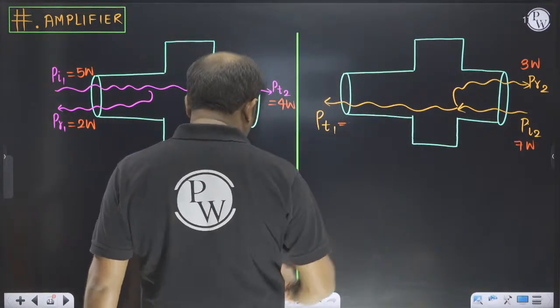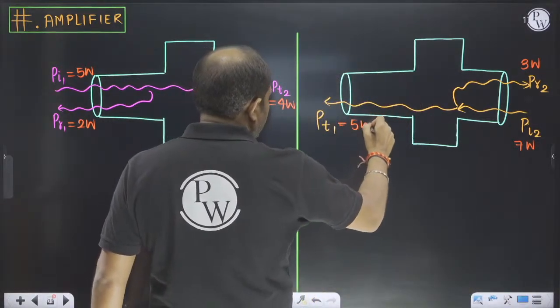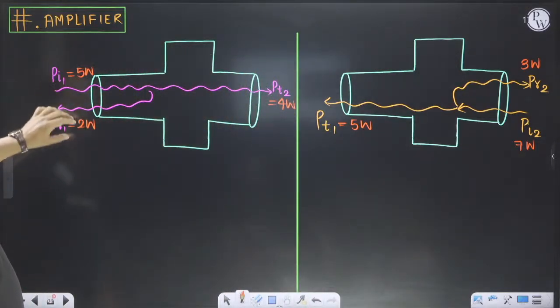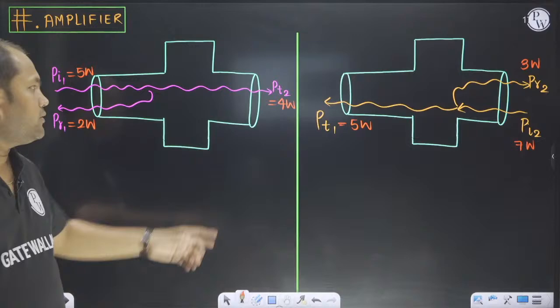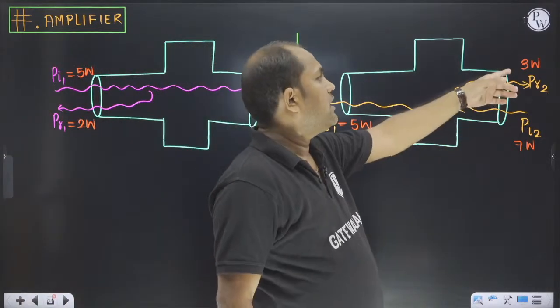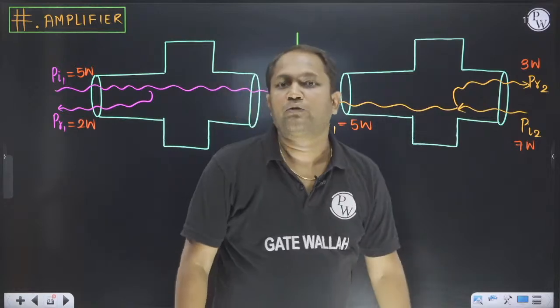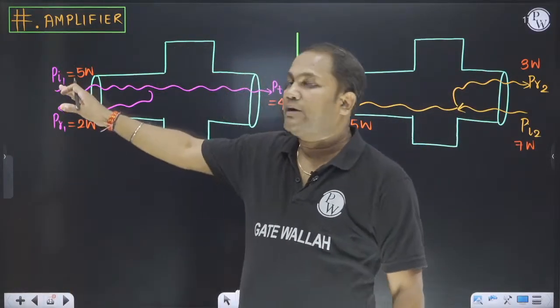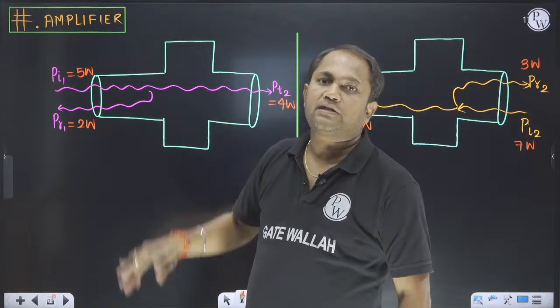So what you see here, input is 5 watt, output is 6 watt, 4 plus 2, 6 watt. And here input is 7 watt, output is 3 plus 5, 8 watt. So output is 8 watt, input is 7 watt.